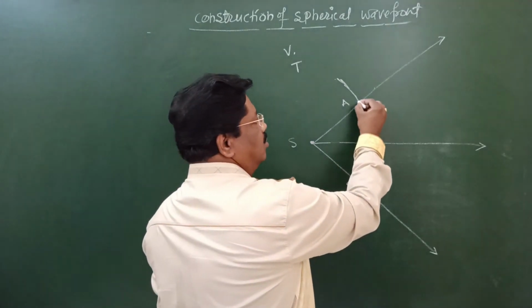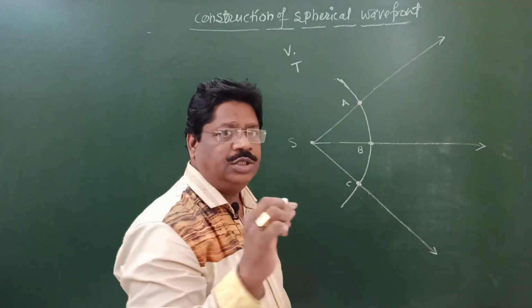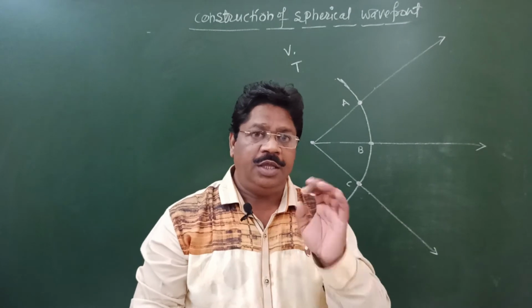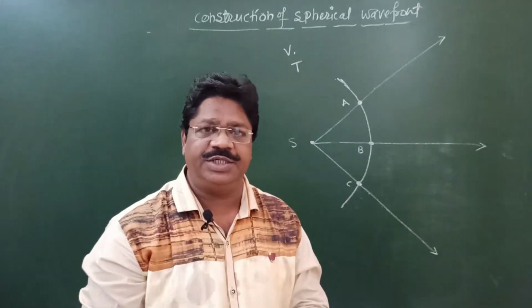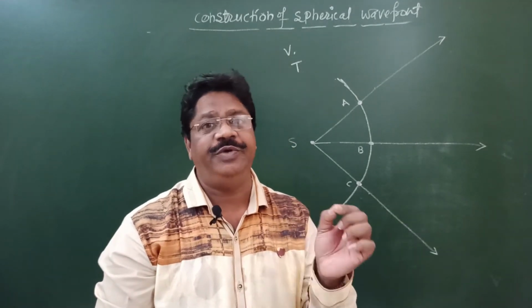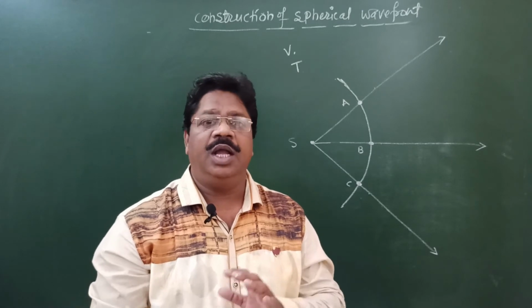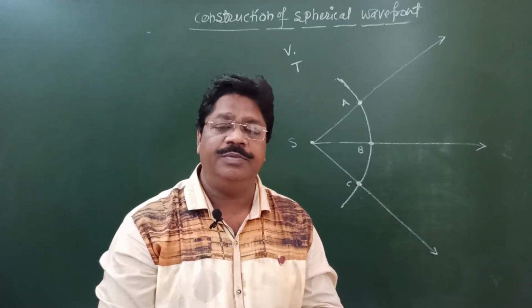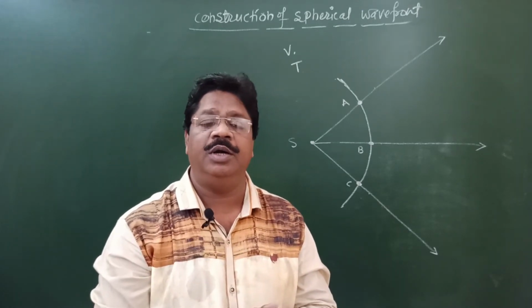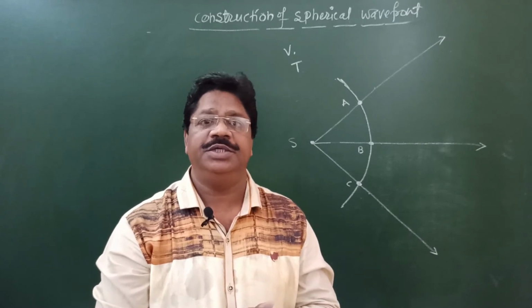If we draw the hemispheres having the radius V into t, and if we draw the envelope, we get the new wavefront A dash, B dash, C dash.